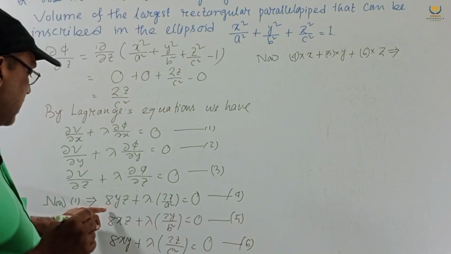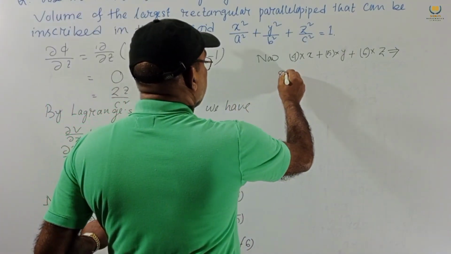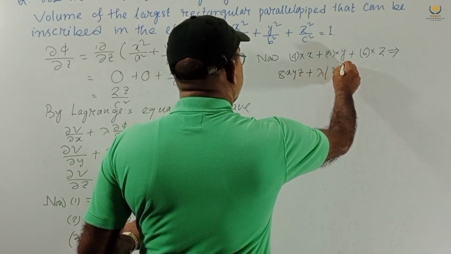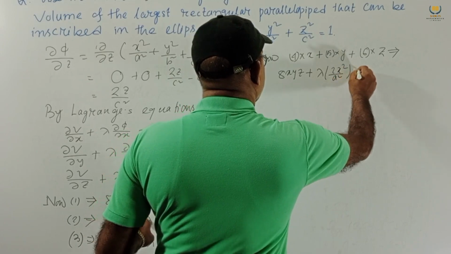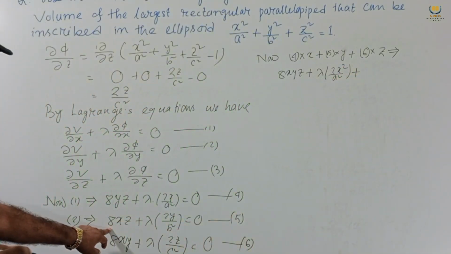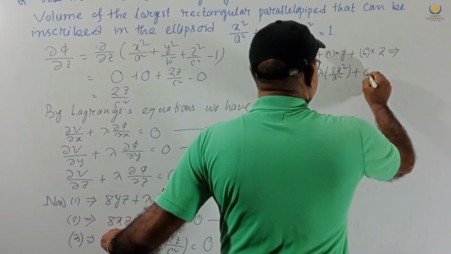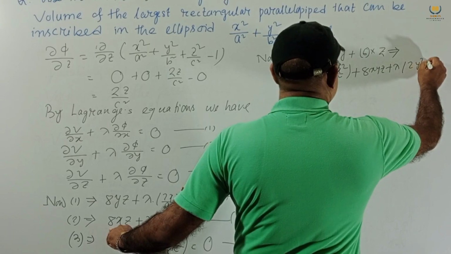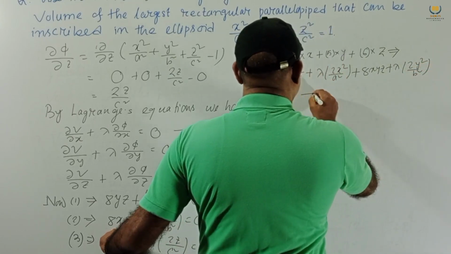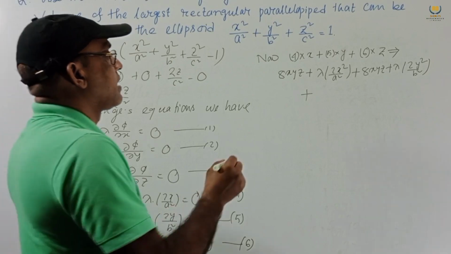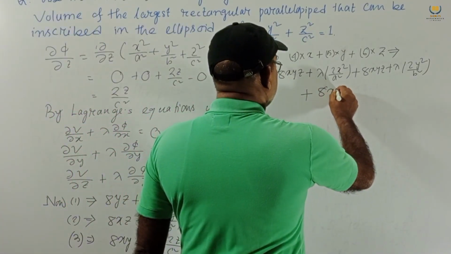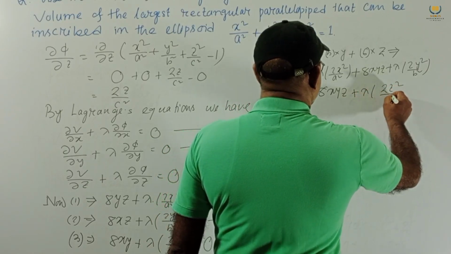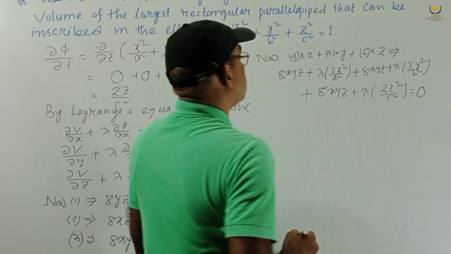So here we get 8xyz plus lambda 2x square by a square, and multiplying this one by y, 8xyz plus lambda 2y square by b square, plus next one 8xyz plus lambda 2z square by c square equal to 0.